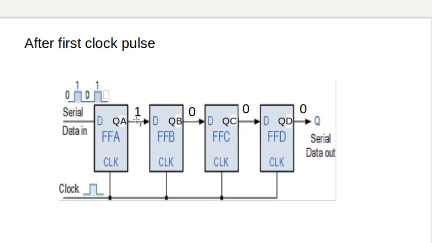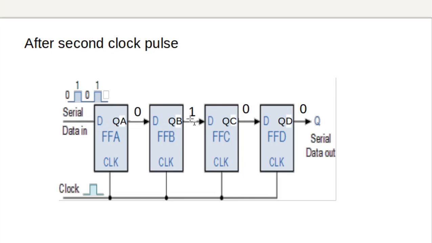And then we will apply the second clock pulse. After the second clock pulse is applied, here was the 1 initially. This 1 was here before the second clock pulse is applied. And when we applied the second clock pulse, the 1 at this point will be shifting to this point, the output of the second flip-flop.